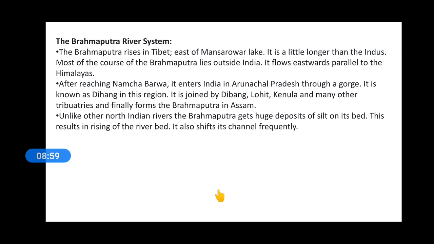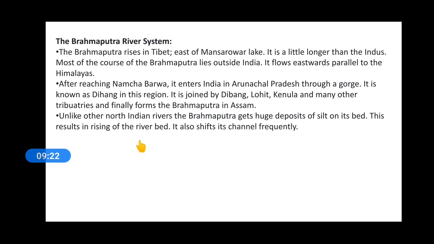Here are more details about the Brahmaputra River, that it is in the east of the Mansarovar lake. It enters India through a gorge when it reaches Namcha Barwa, and it makes a U-turn. Unlike the North Indian rivers, Brahmaputra gets a huge deposit of silt on its bed.